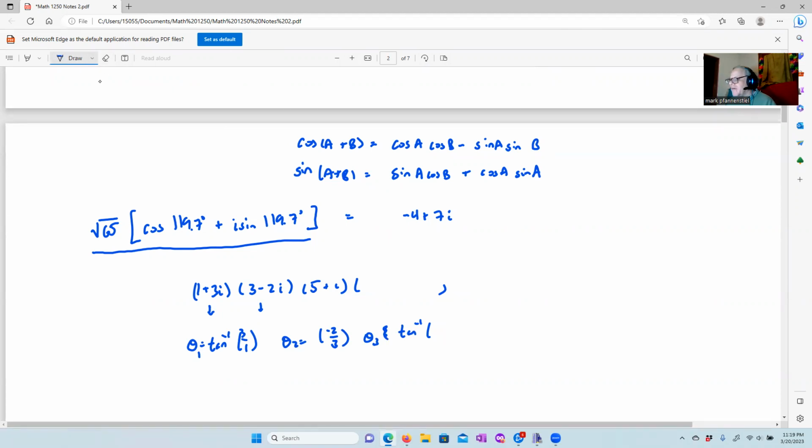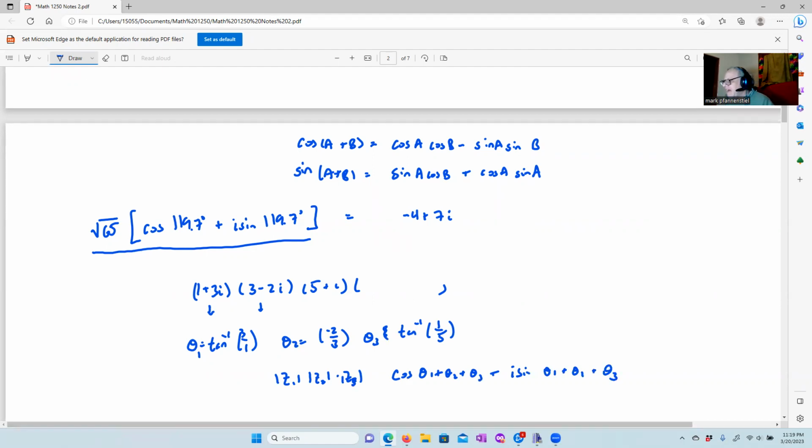What we're going to do is take all the different moduluses and multiply them together: absolute value of z1 times absolute value of z2 times absolute value of z3, etc., as many as we have. And it's just going to be cosine of theta 1 plus theta 2 plus theta 3, plus i sine of theta 1 plus theta 2 plus theta 3.